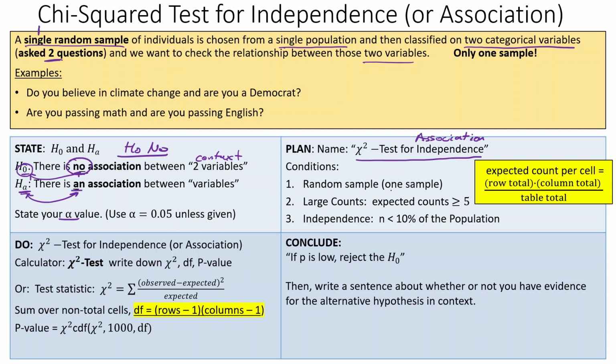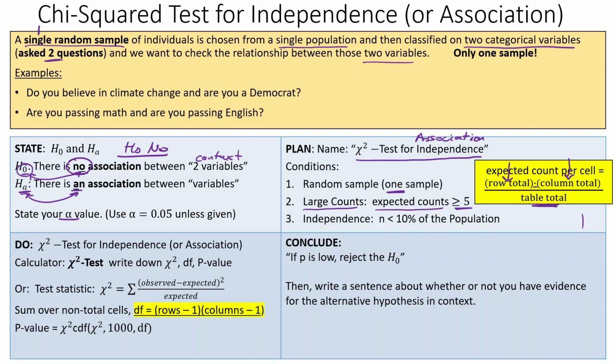The conditions are we need one random sample, one sample for this test. Later on, we'll do one with 2 samples, which is a different chi-squared test. Our large counts condition is just like before: all of our expected values need to be greater than or equal to 5. But now we have a way to calculate them, and our calculator will automatically do it for us, but a lot of times we don't actually have to do the whole test. We just have to check these. It's the row total times the column total, divided by the table total.